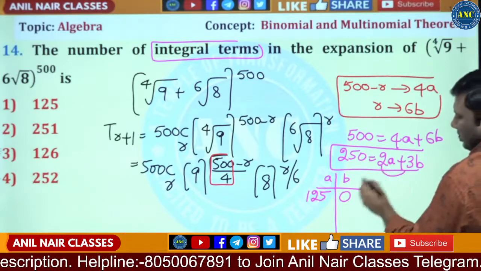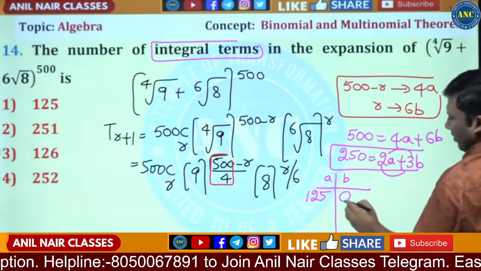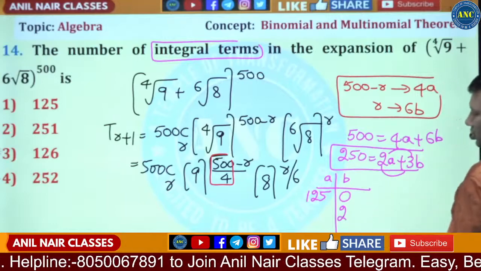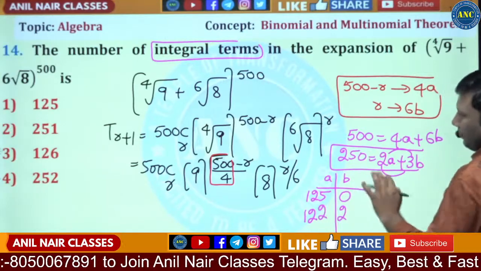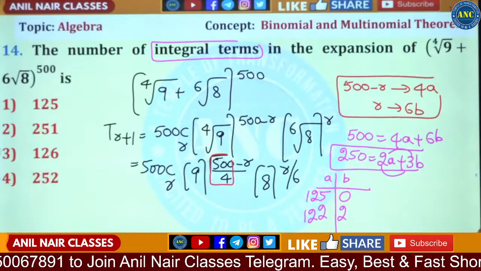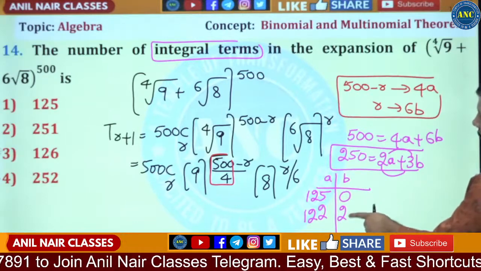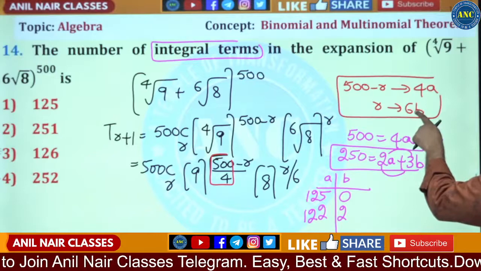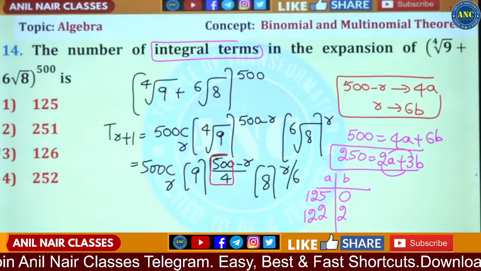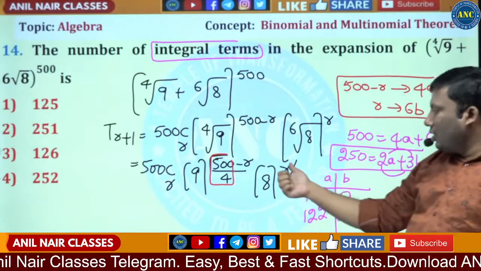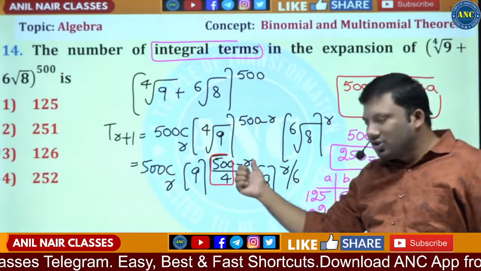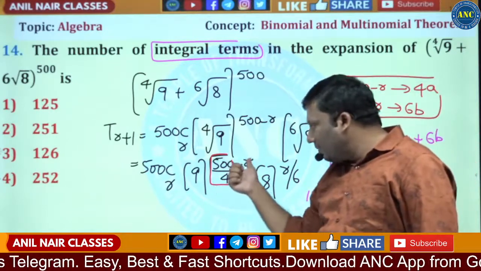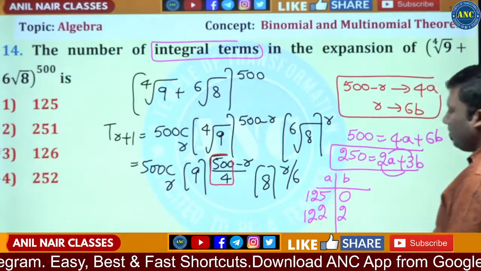When a decreases by 3, b increases by 2. So a is 125 minus 3, 122. If you observe here, b value is 2, so 6 2s are 12. 12 is divisible by 6, and 500 minus 12 is also divisible by 4.